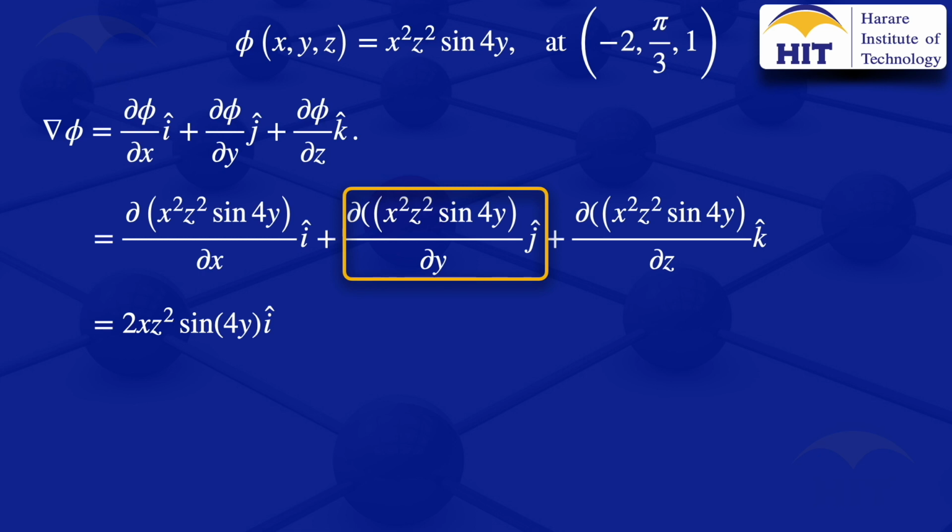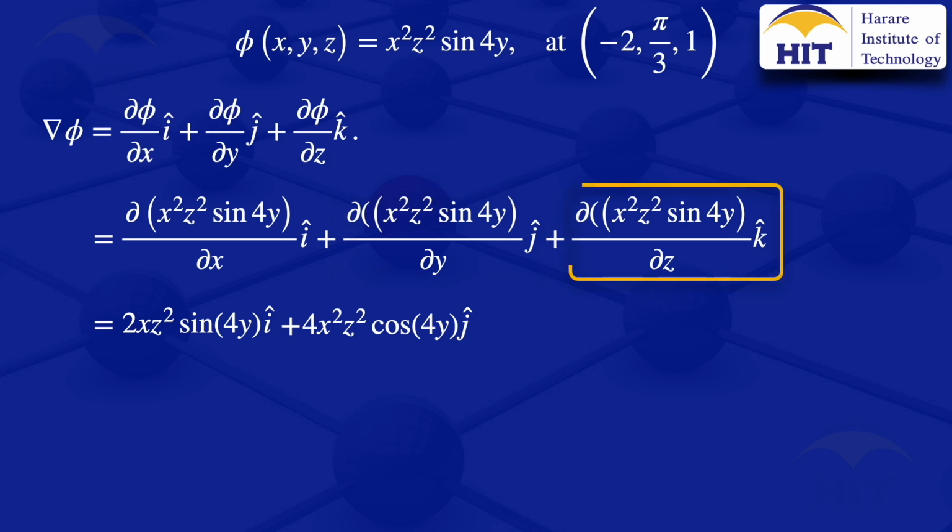The result that we'll get there is 4x squared multiplied by z squared multiplied by cosine of 4y j. I now move on to the next one, and this partial derivative here, differentiate with respect to z, treating x and y as if they are constants. Our result that we'll get there is 2x squared multiplied by z multiplied by sine of 4y k.